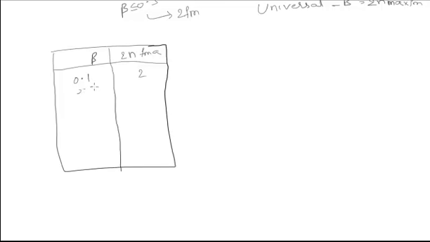If beta is 0.3, the 2n max value is 4. For a given beta value, if you substitute these values, you will get the bandwidth. And for a beta value of 0.5, the 2n max value is equal to 4. This is the most widely used value.